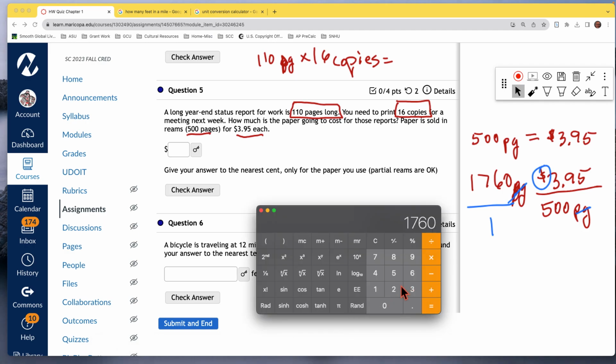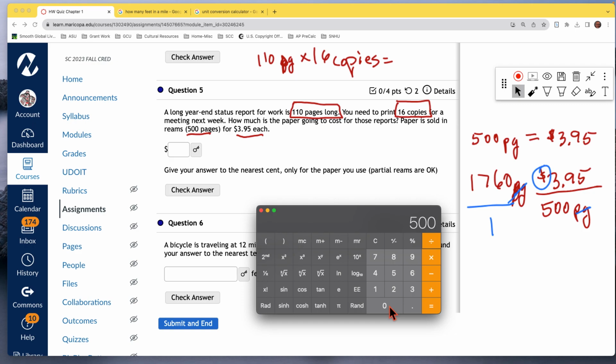Pull up the calculator. So it's our 1760. We're going to multiply that by 3.95. And then we're going to divide it by 500. Or you could have divided first and then multiplied. It works both ways. You'll see. Probably makes more meaning, because if you divide it by 500 first, that would tell you about how many reams, right?